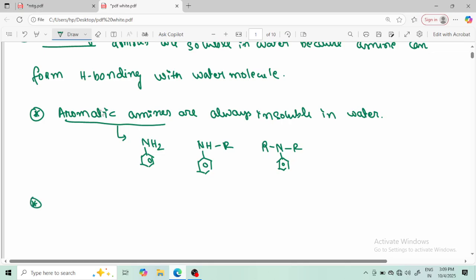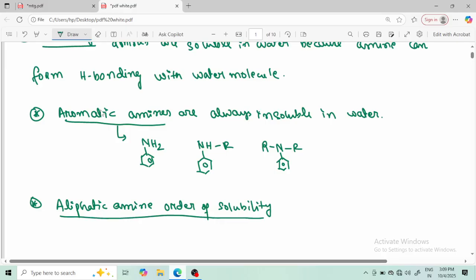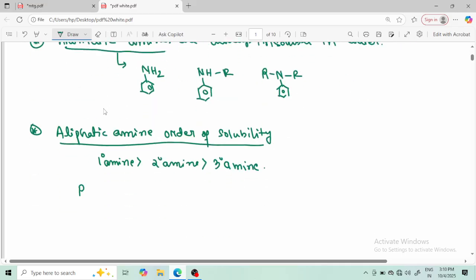Now for aliphatic amines, the order of solubility is always 1 degree amine, then 2 degree amine, and then you have this 3 degree amine, okay. Now what's the reason behind this? If I draw 1 degree amine, it's RNH2, right, and then 2 degree amine is R2NH, and if it is 3 degree amine, then R3N, right.